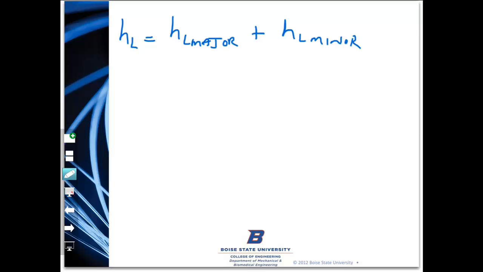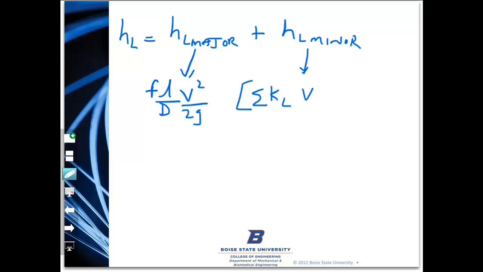So we should write this would be f L over D V square over 2g, and the minor losses will be sigma KL V square over 2g. We should then identify what the different fittings in the problem are, and then write sigma KL.